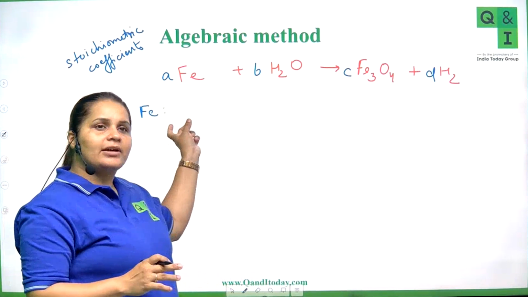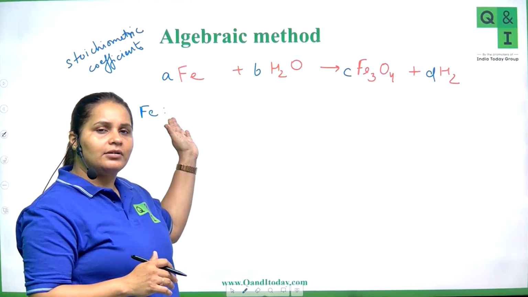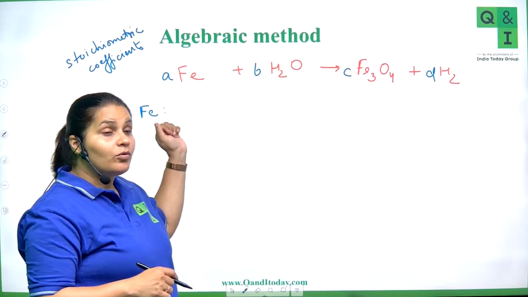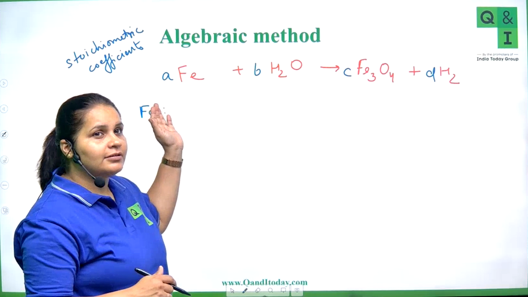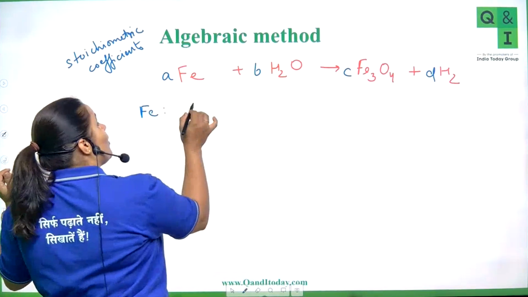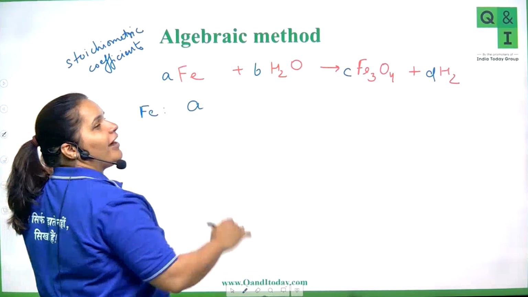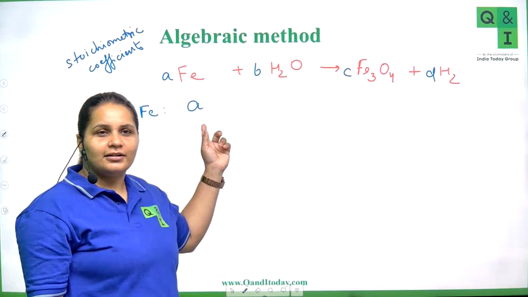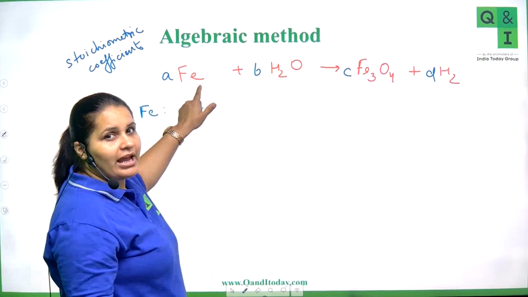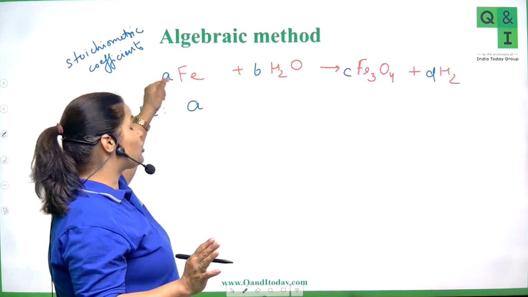Okay, so for iron, how many atoms are there on the left hand side? One atom. Fe and A is there, the stoichiometric coefficient.